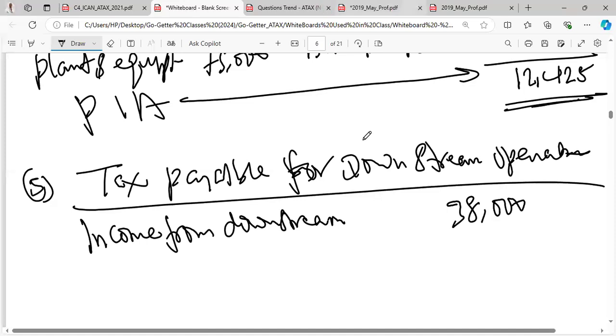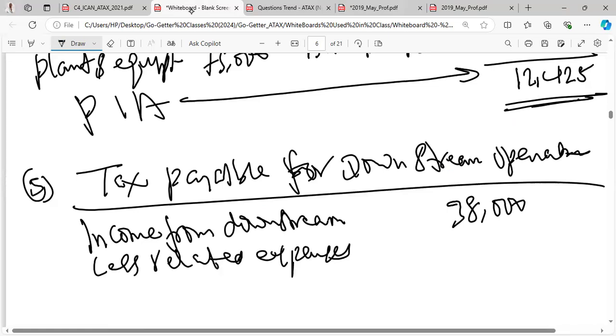Then related expenses 16,250, less related expenses 16,250.